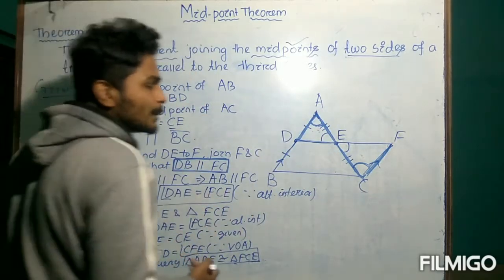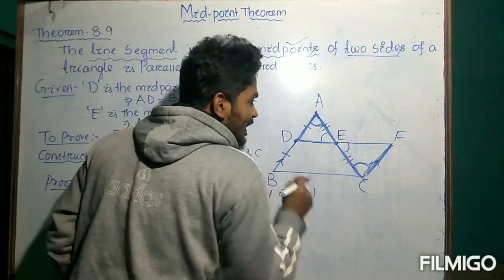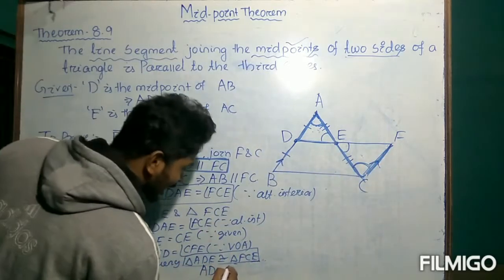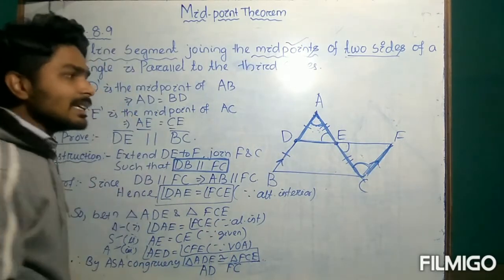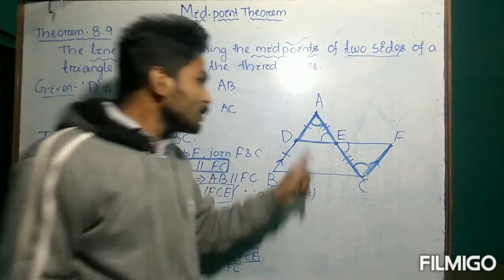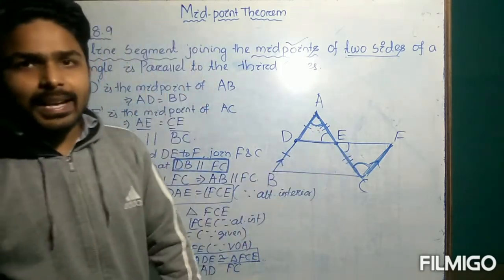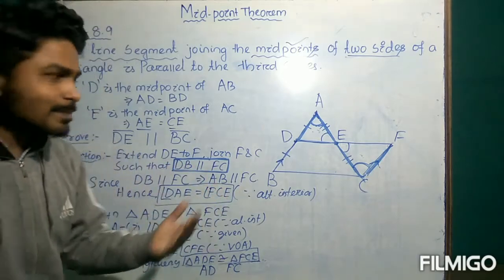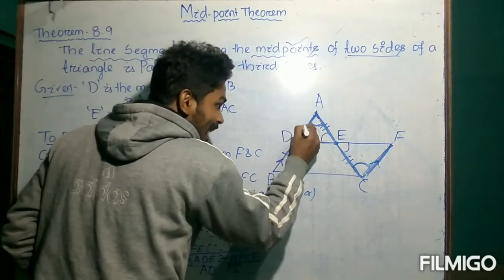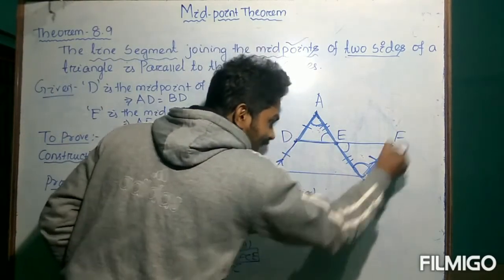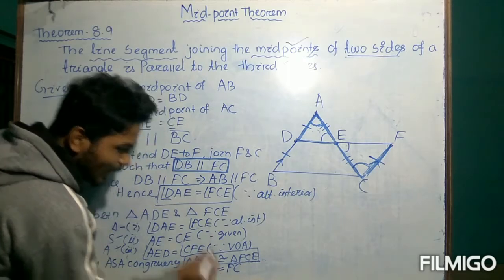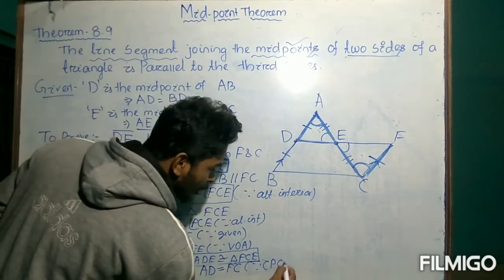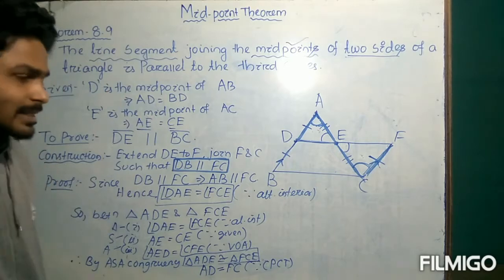Similarly, if we consider triangle FCE, then FC is also a side for the triangle FCE. Since we have proved that this triangle is congruent to this triangle, we can write that the corresponding parts must be equal. It means the side AD must be equal to the side FC, due to corresponding parts of congruent triangles.